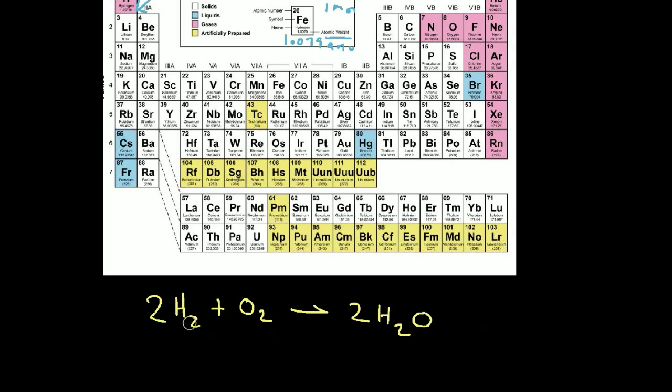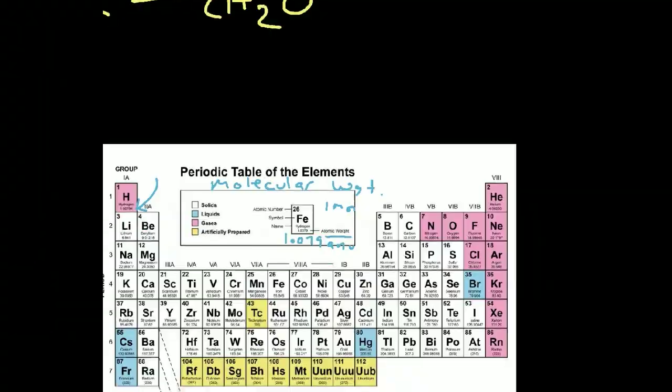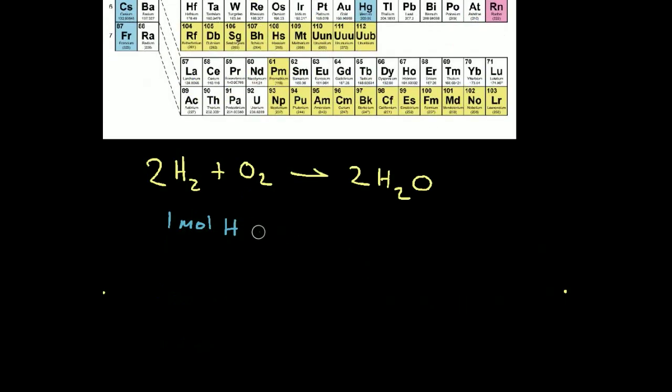For instance, 1 mole of hydrogen is going to equal 1.0794, basically 1. You could even round that to 1.008.